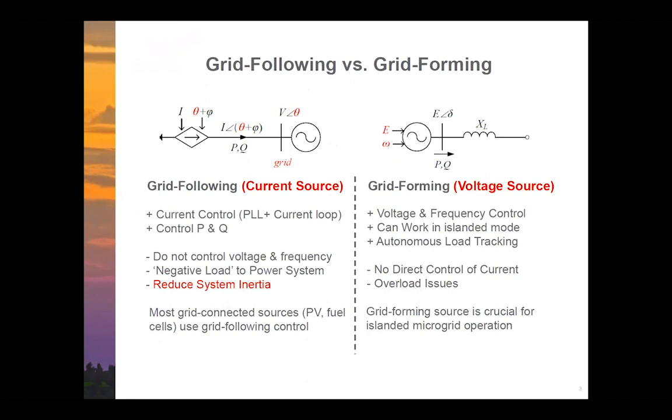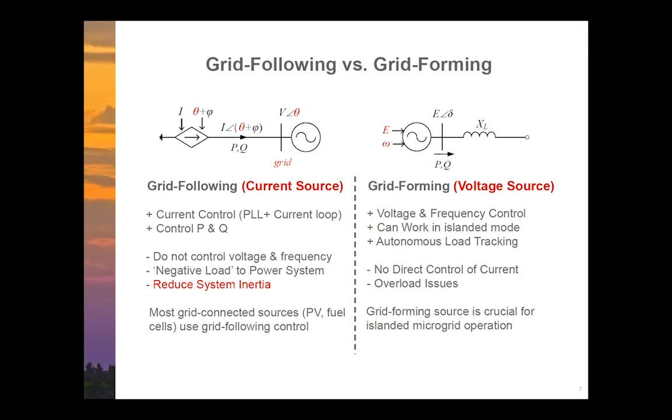Nowadays, most of the grid-connected inverters use grid-following control. Through the phase-locked loop and the current control loop, they make the voltage source inverter approximately behave as a current source. The advantage is that it can control currents directly, so it can regulate the P and Q injected into the system easily.